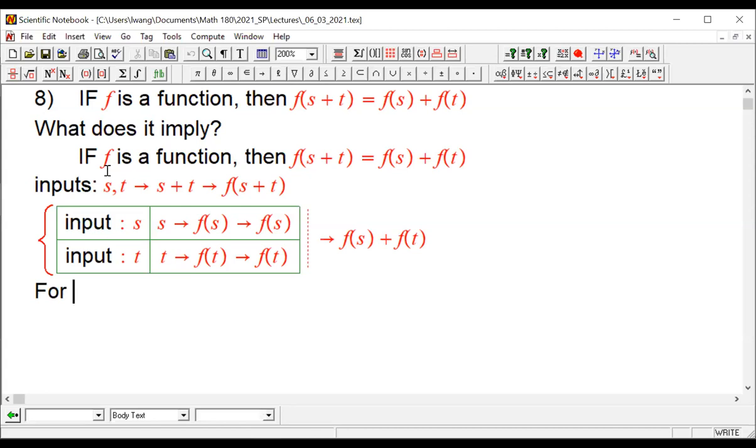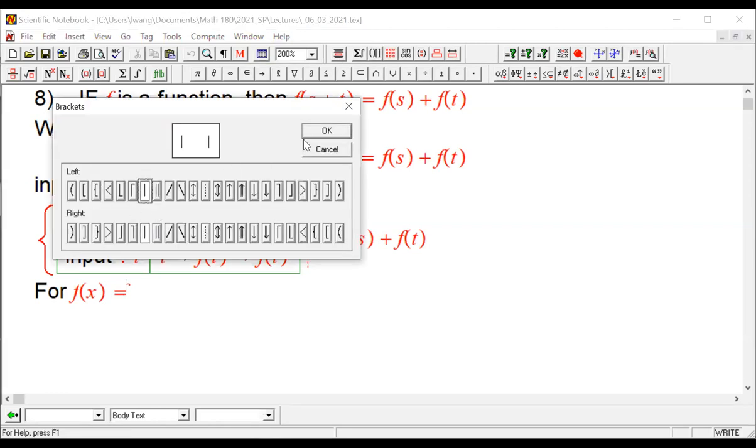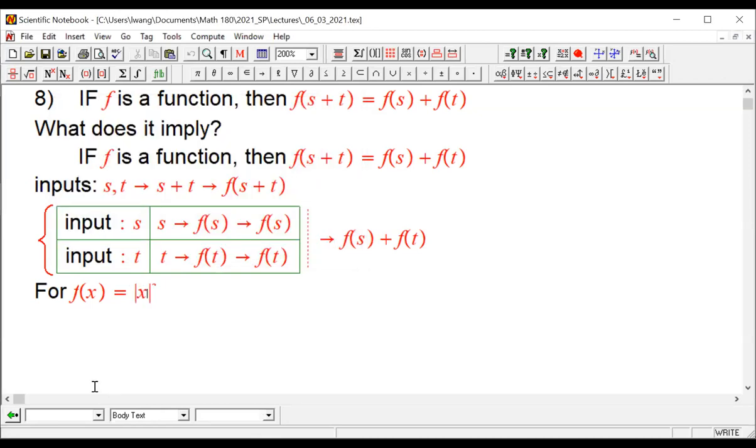Because this statement is for any function, right? That's what it's saying. So then naturally you'll be considering what if the function is, say, I'm going to give you an example, the absolute value of x. Will that be true? So what does that imply?